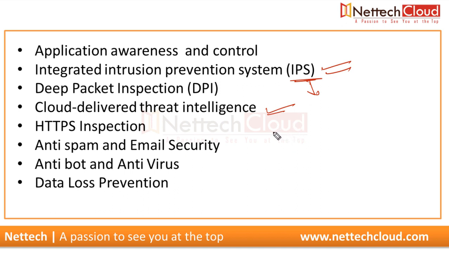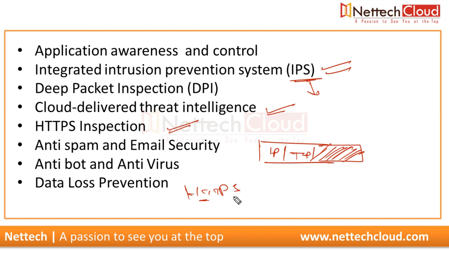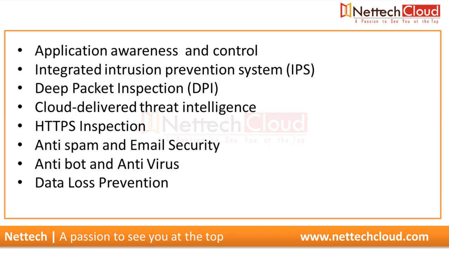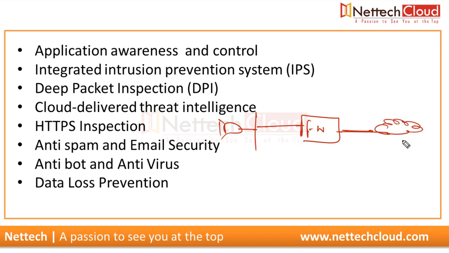In fact, HTTPS inspection is another good feature. So what if a malicious code or malware or any bot or virus is inside encrypted data? Because nowadays most of the applications are HTTPS based. HTTPS based means what? The data is encrypted. So now you understand the problem. The problem is, if here there is a firewall, a computer on the LAN segment, and the internet here, right?